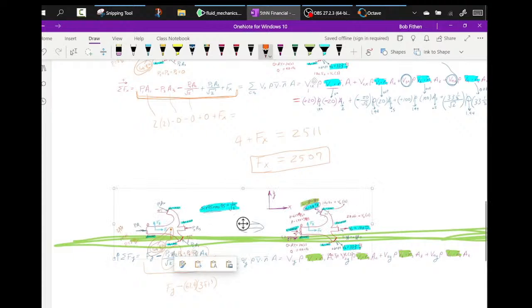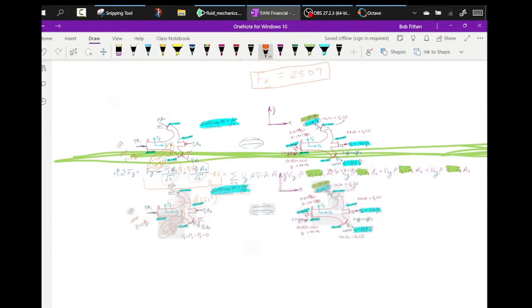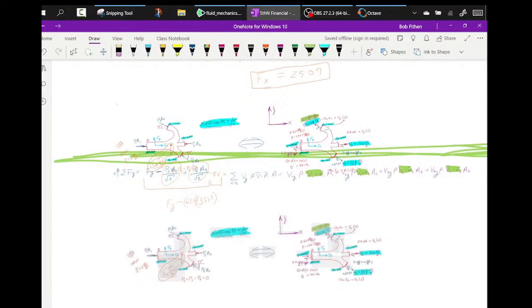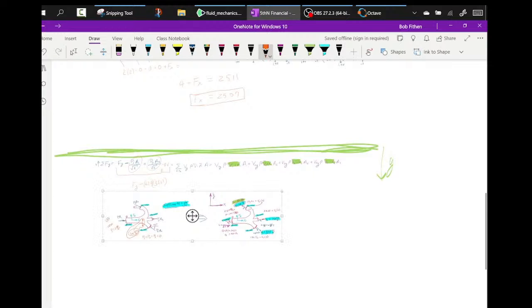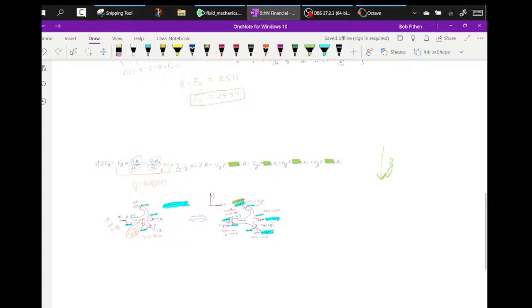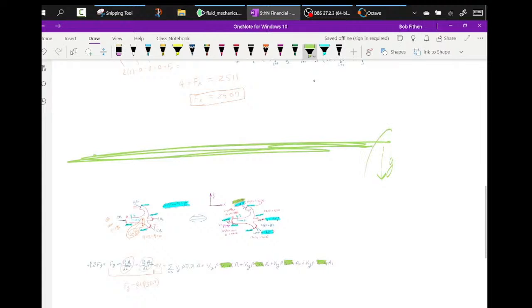I am incorrect about that assumption, so I'm going to move it down to here. Then I'm going to eliminate this, and I'm going to copy this below it, and I'm going to say this is the y equation.